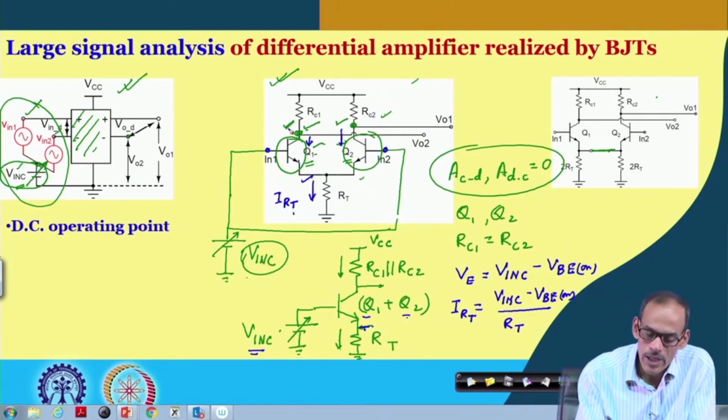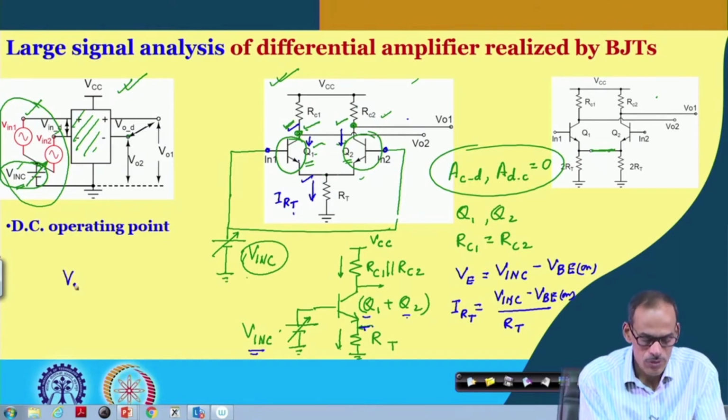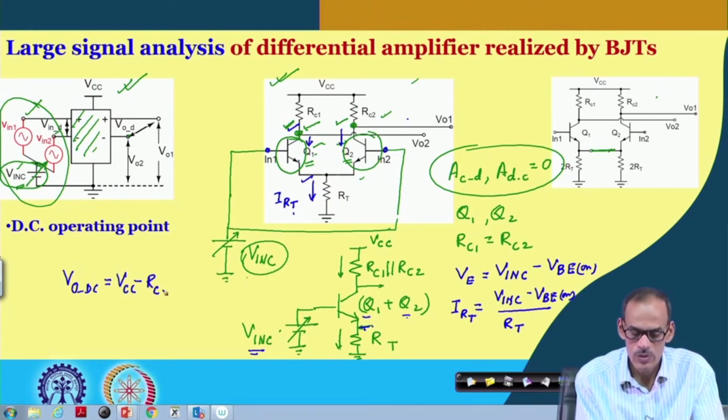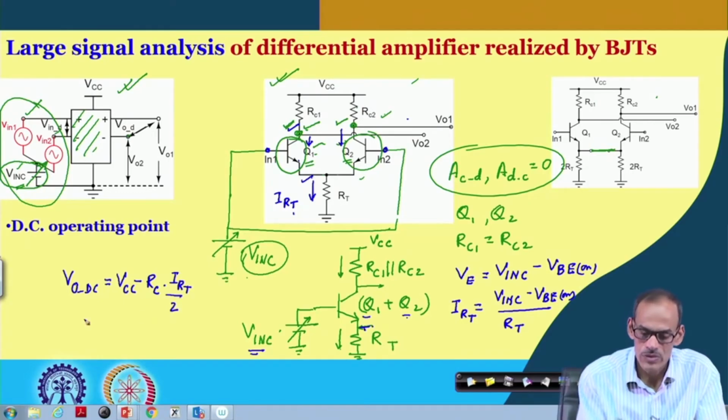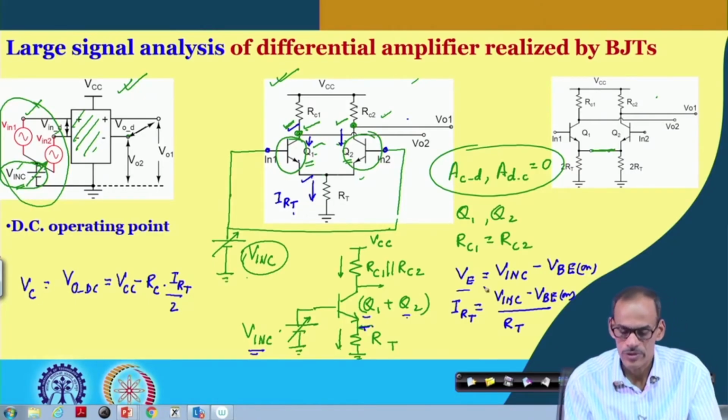So, the voltage at the two output nodes, VO DC, equals VCC minus RC, RC1 or RC2, both are the same, multiplied by IRT by 2. So, that gives us the corresponding collector voltage, and we do have the emitter voltage.